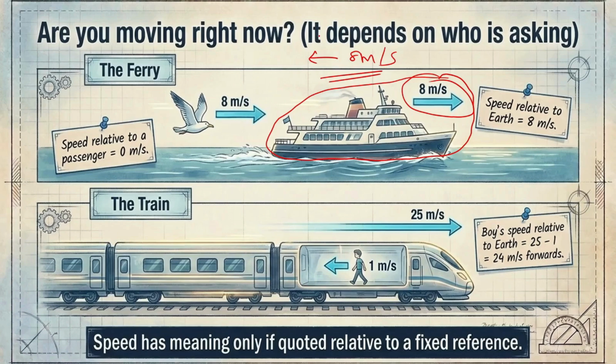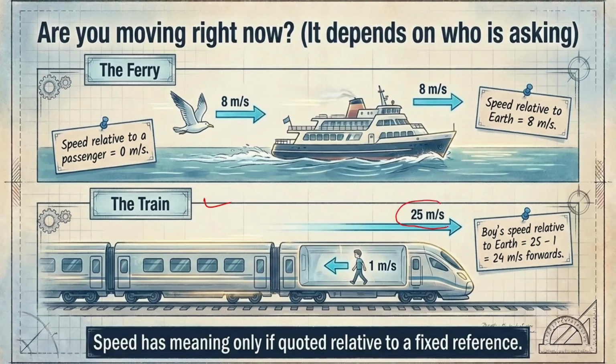Now let's do another example, which is of a train. Suppose the train is going in this direction at 25 meters per second with respect to the ground, or you can say earth. Now a boy is walking in the train in this direction while the train is moving in this direction. The speed of the boy is about 1 meter per second with respect to the train.